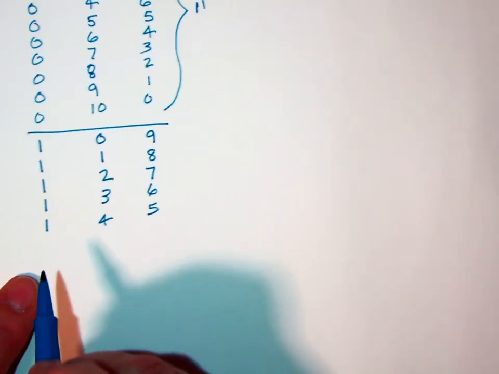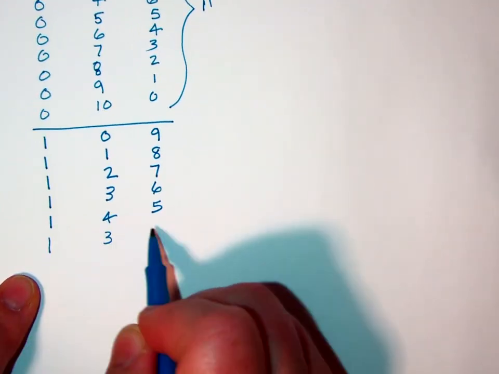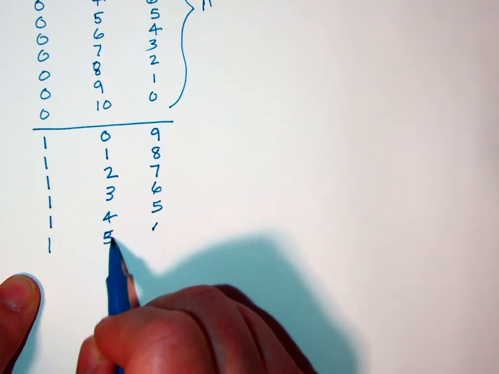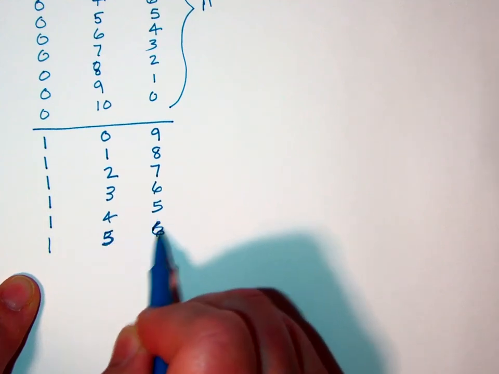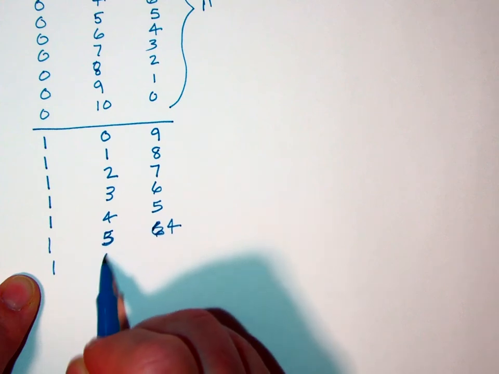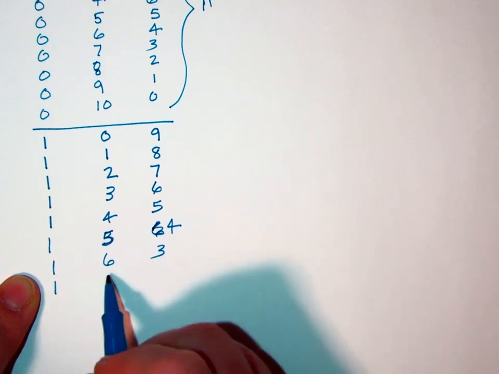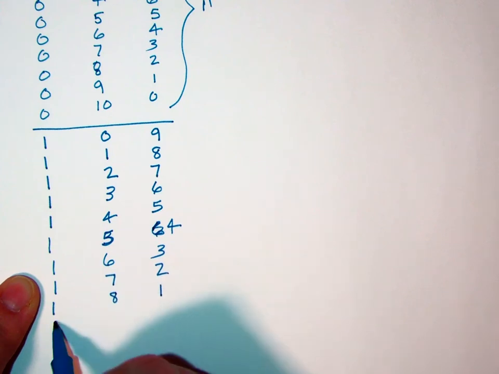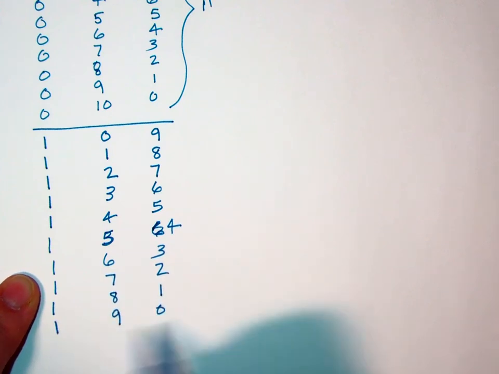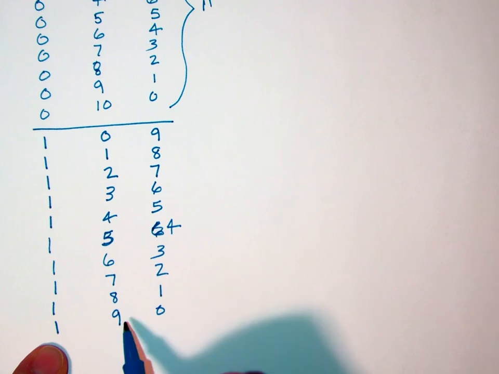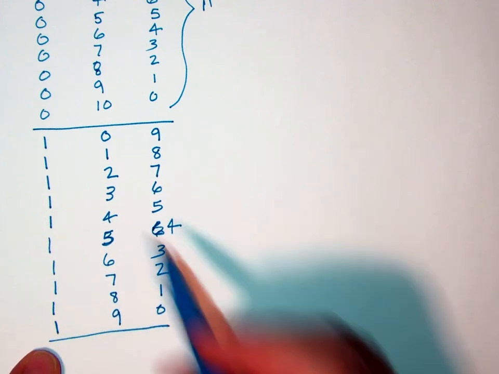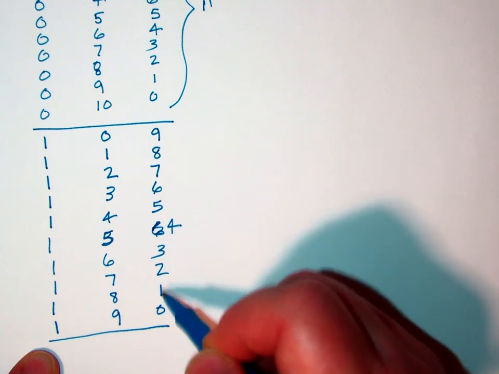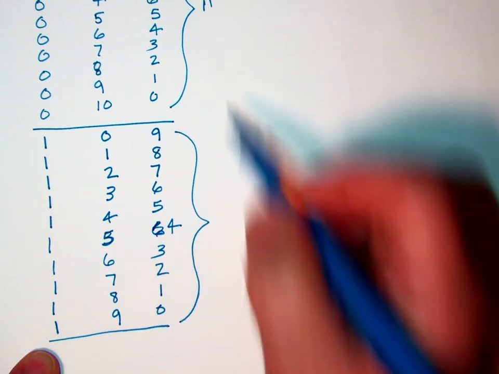So let's finish this out. 1, 3, 6, 1, 4, 5, 1, 5, 4, 1, 6, 3, 1, 7, 2, 1, 8, 1, 1, 9, 0. And I can't go any further. I can't make this 1 and this 10. So those are all the possible combinations when A equals 1. So there's 1, 2, 3, 4, 5, 6, 7, 8, 9, 10 combinations.